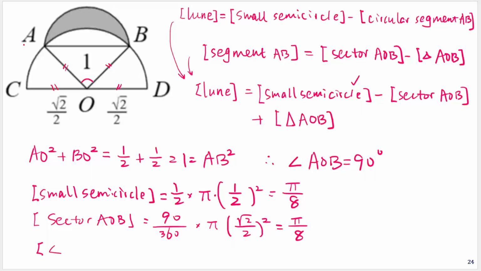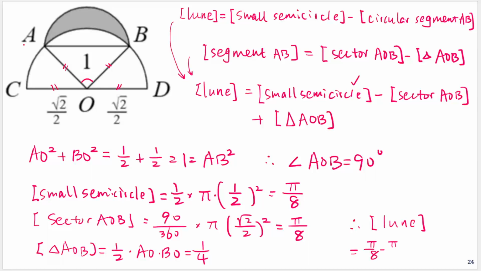Finally, the area of triangle AOB is half of AO times BO, which is 1 over 4. Therefore, we know the area of the lune equals 1/8 pi minus 1/8 pi plus 1/4, and eventually the final result is 1/4. Did you get it?